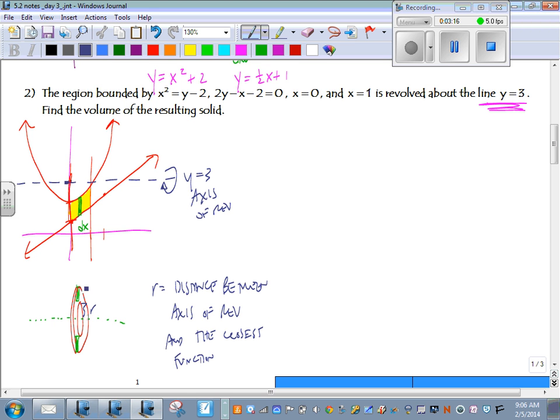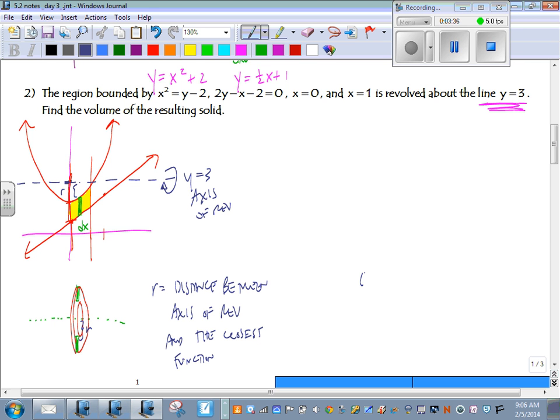Right, or that part where the rectangle is. So now I should have actually drawn this little radius down here looking at our picture. Right, axis of revolution down to the function. So from the axis of revolution down to the parabola in this case.